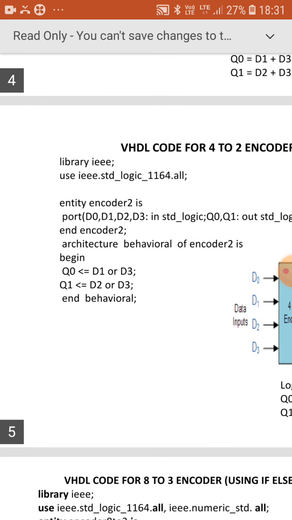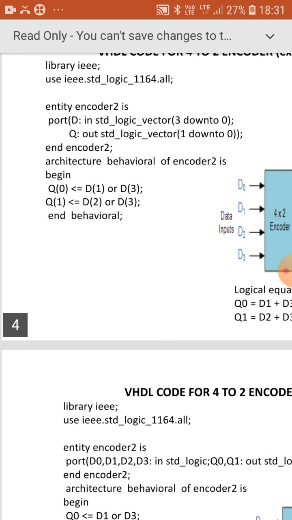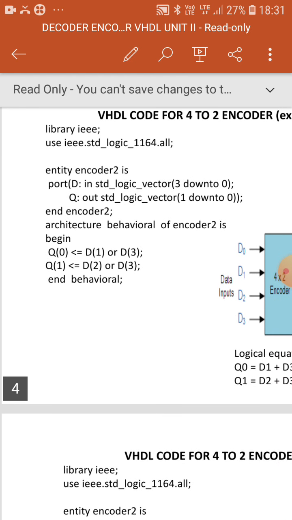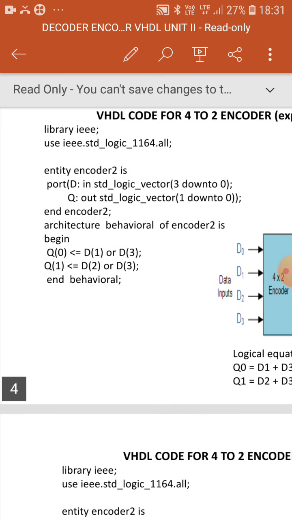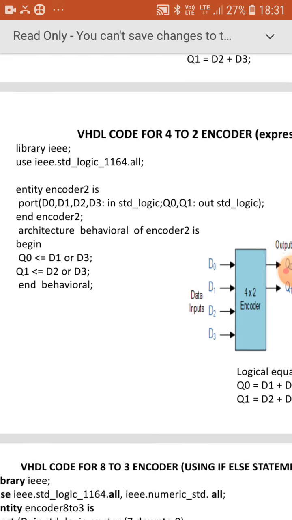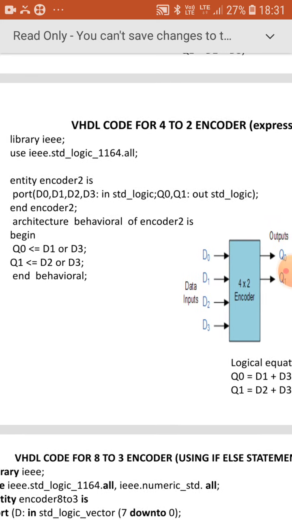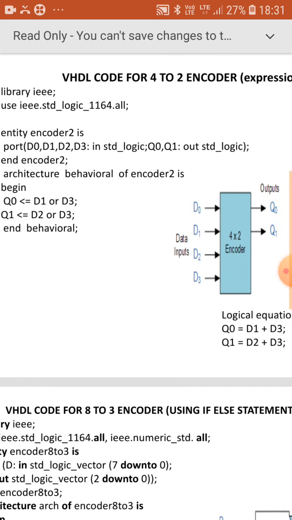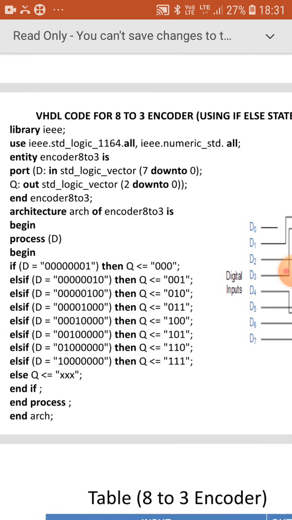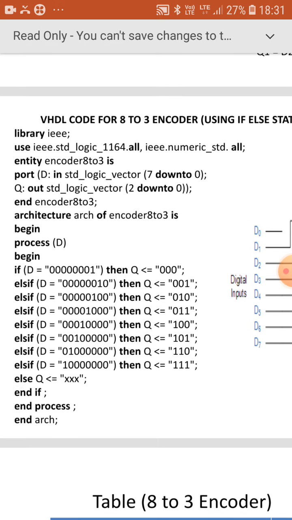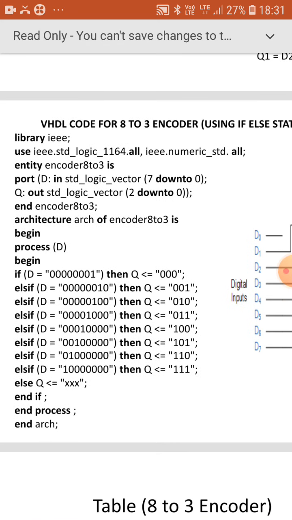So you can directly write Q naught. Here Q is a 2 bits value. So you have to write Q of 1, Q of naught. Okay. So this is the VHDL code for 4 to 2 encoder. Okay. Next we will see about how to write the VHDL code for 8 to 3 encoder.